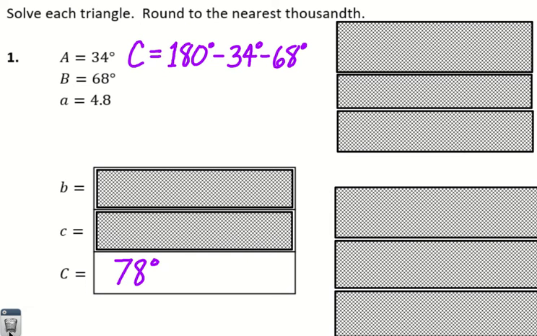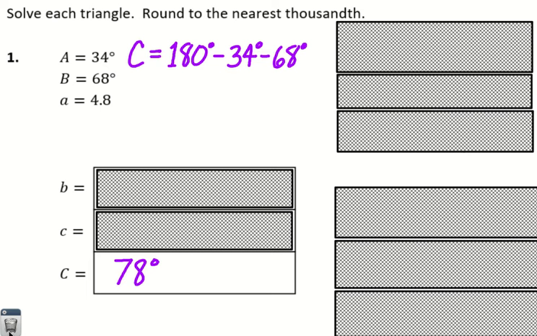And then what you have to do is the law of sines. So you only have one side that you know right now. It's side A. So one of your proportions is going to have to be the A proportion.